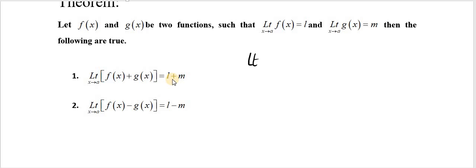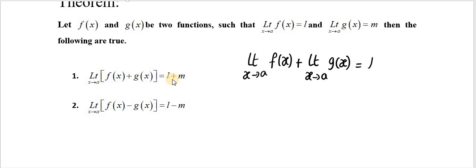That means limit x tends to a of f(x) plus g(x) can be written as limit x tends to a of f(x) plus limit x tends to a of g(x). We know the value of this one, that is L. We know the value of limit x tends to a of g(x), that is M. That's why the answer is L plus M.